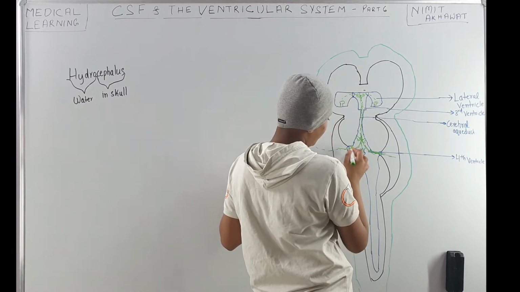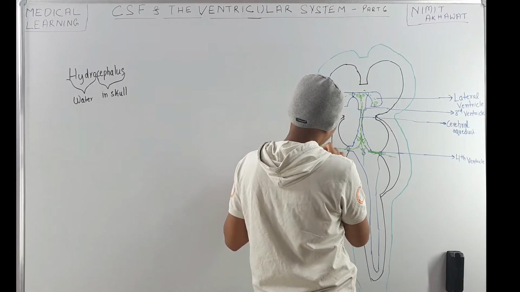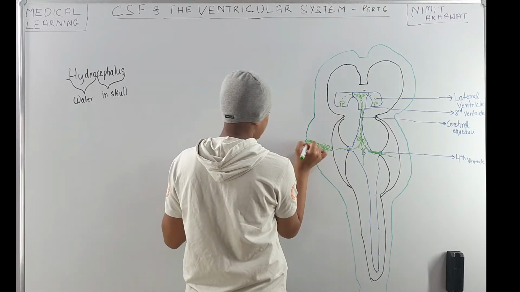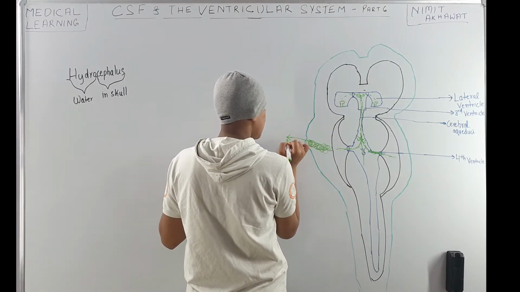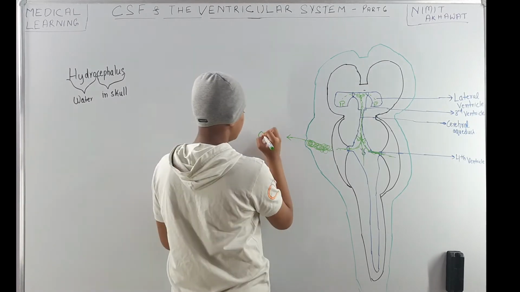At the opening of the foramen of Luschka, a lot of CSF is gathered, and this point is known as the cerebellomedullary cistern.